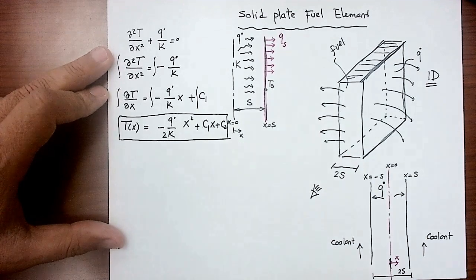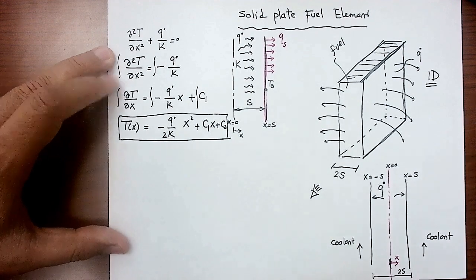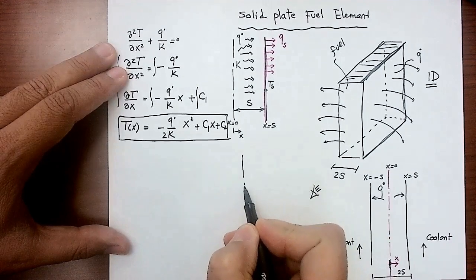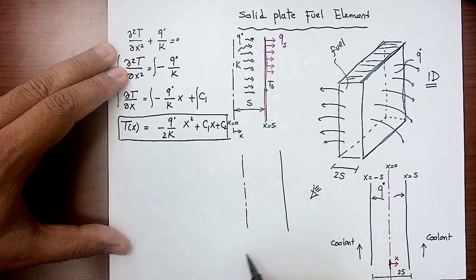It's parabolic. That's why the assumption that we made with a plane or flat surface that doesn't have heat generation, where we assumed a linear distribution, was correct. Here, linear distribution does not apply, which means that if I want to plot the temperature distribution, it is going to be second order.